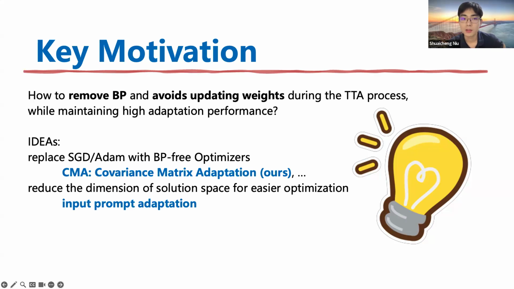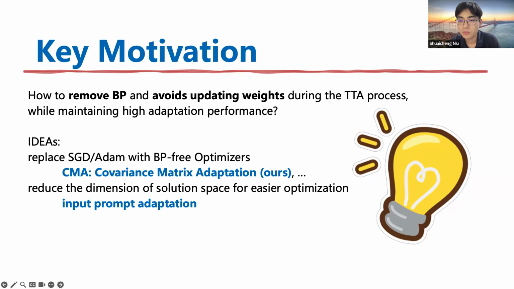To this end, our straightforward idea is to replace the backpropagation-based optimizers such as SGD and Adam with backpropagation-free optimizers, such as evolutionary methods, Bayesian methods, and covariance matrix adaptation methods. In this work, we select CMA as our optimizer because it is more suitable for our TTA context and has much better empirical convergence to satisfy our online TTA demand.